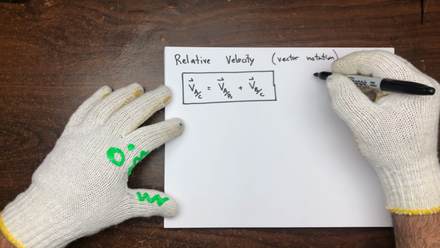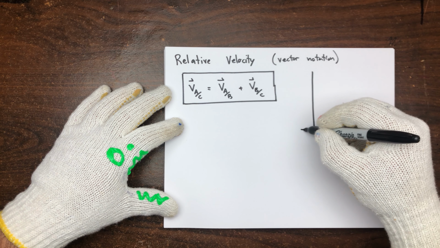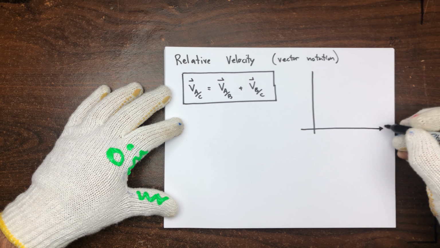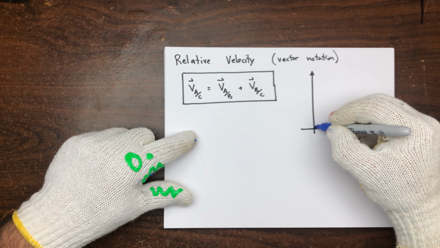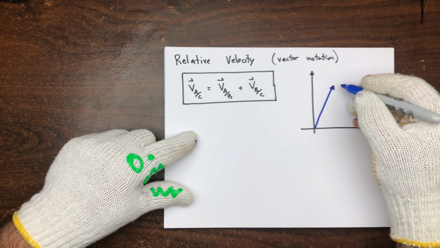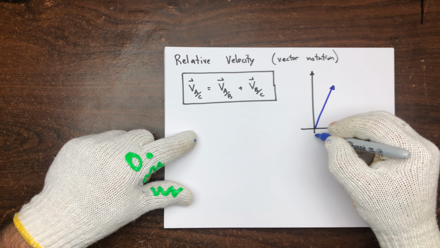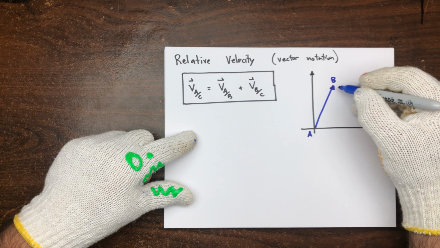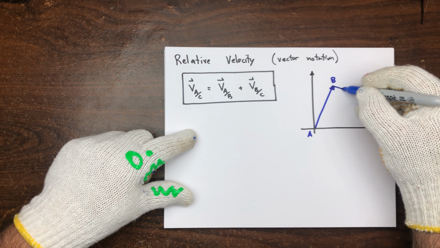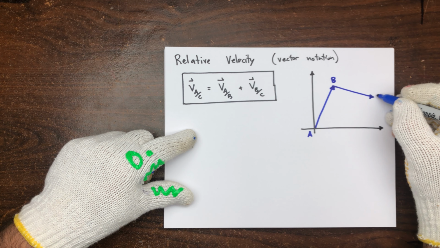And let's draw that as a picture. What am I talking about? If I had two vectors, and I had one vector here that went to this point here, we'll start it at point A and go to point B, and then we have one that goes from B to point C here.